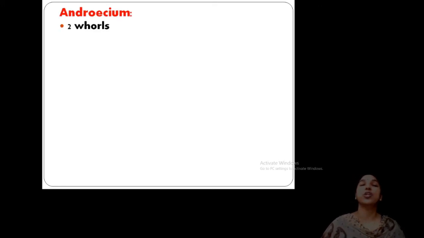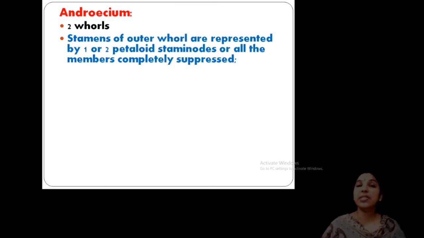Then the androecium is in two whorls, like our Cannaceae. See, the stamens in the outer whorl are represented by one or two petaloid staminodes. This is very important. Why is it important? There is only one or two petaloid staminodes.